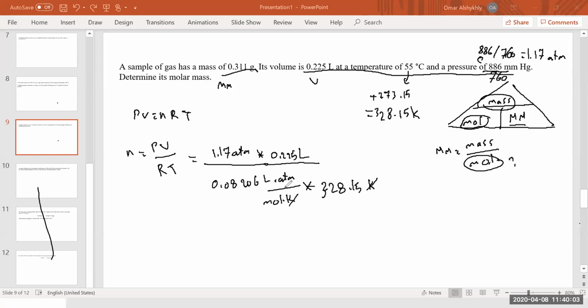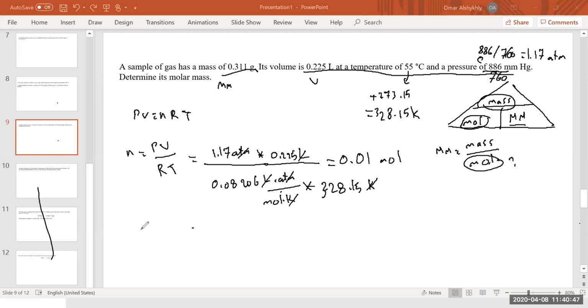Cancel Kelvin with Kelvin, atmosphere with atmosphere, liter with liter, and my answer will be in moles. So we will have 1.17 times 0.225, the volume, divided by 0.08206, divided by 328, which will give me 0.01.